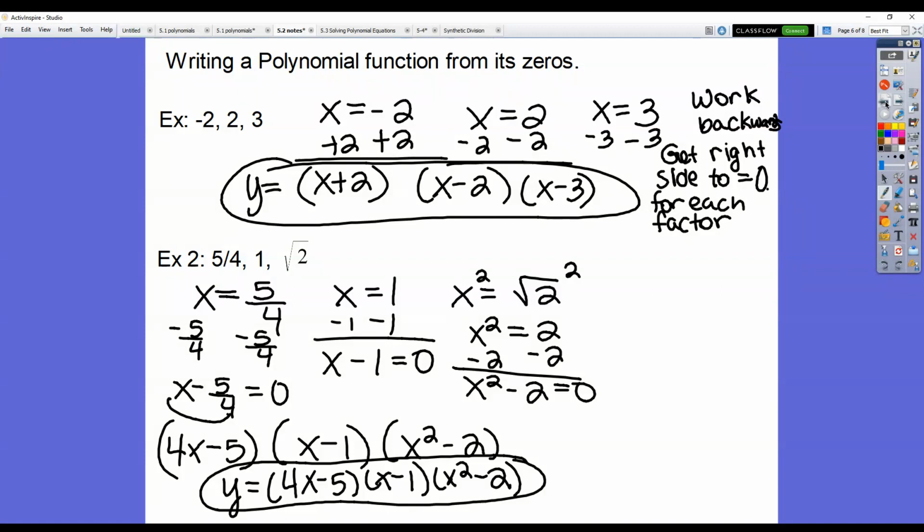So make sure that you get them all, like you're basically reverse factoring them. Work backwards. And you could potentially multiply all these out, but I'm not going to make you. We're just going to leave them in factored form.